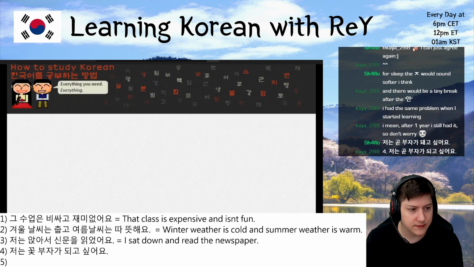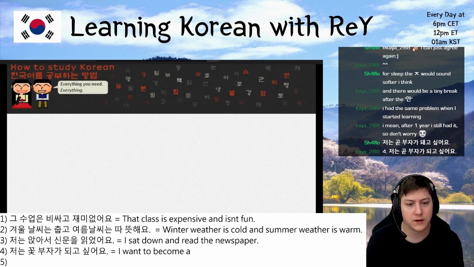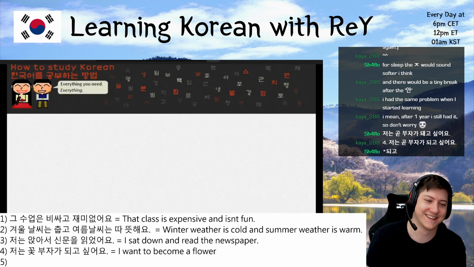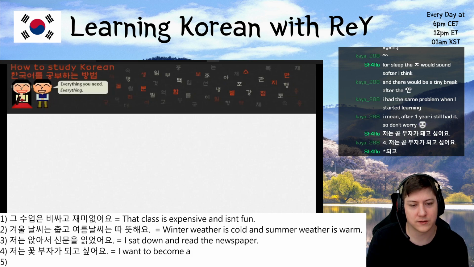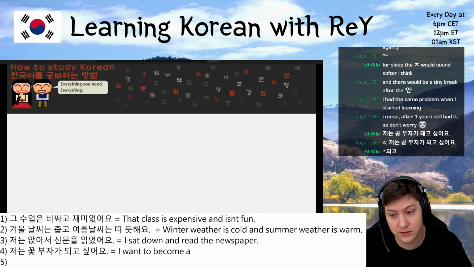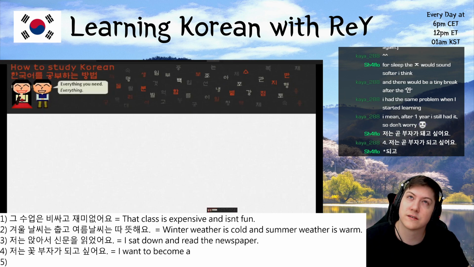Let me try to translate. I want to become a flower. I don't think that's correct. So the goat for flower is probably incorrect. I want to become a puja. Is it pujang maybe? Pujang is boss, right? Let's see.